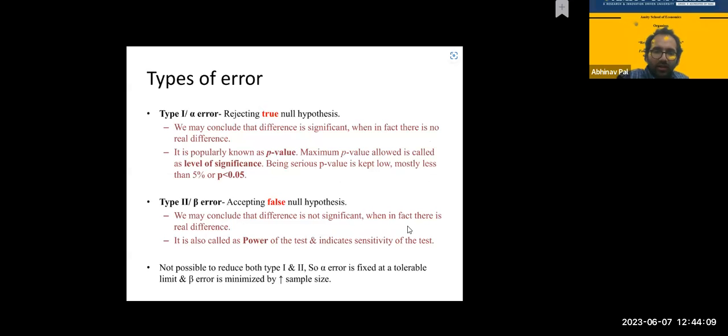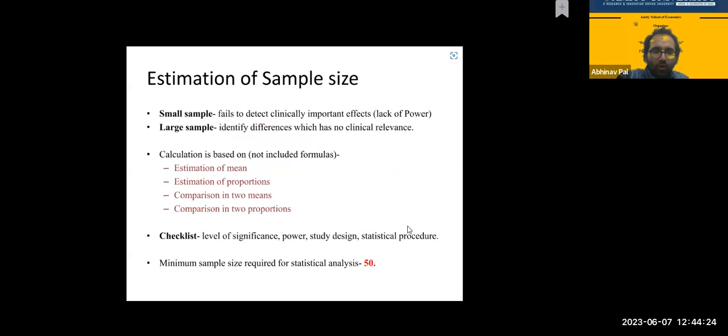The first error is commonly known as type 1 error, where you reject the true null hypothesis, and a type 2 error where you accept a false null hypothesis, right?